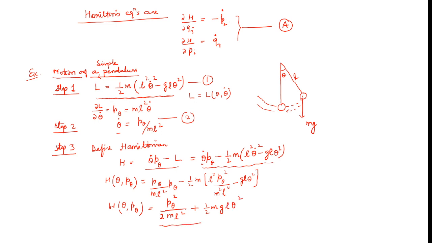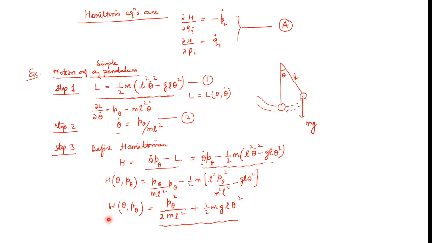Now you look at this expression. In this expression you are having only theta and p theta. There is no theta dot here. So you can write that H is a function of theta and p theta. Now you are working in the phase space, right? So in step 3 you have found H.